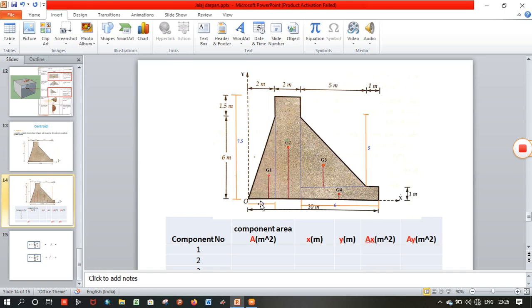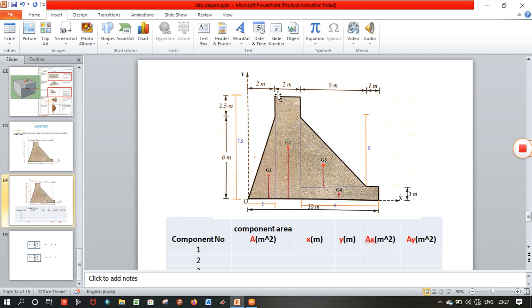It is a right angle triangle of base width 2 meter and height of 6 meter. Here it is 6 meter and the base width is 2 meter.